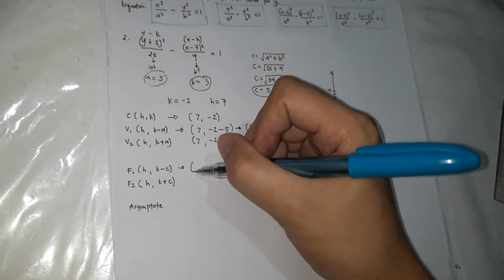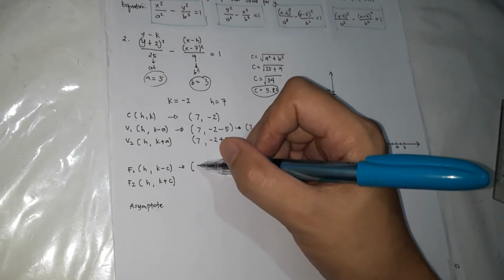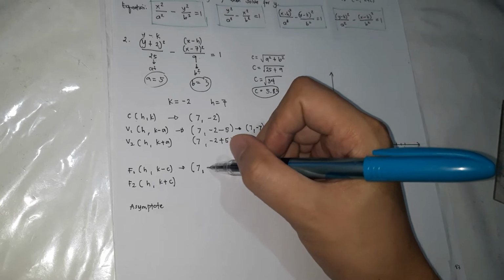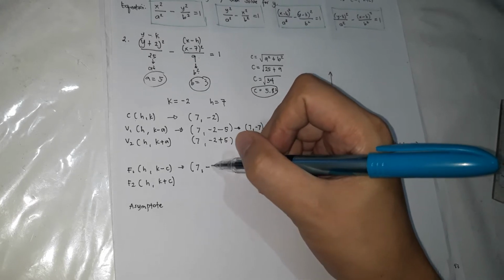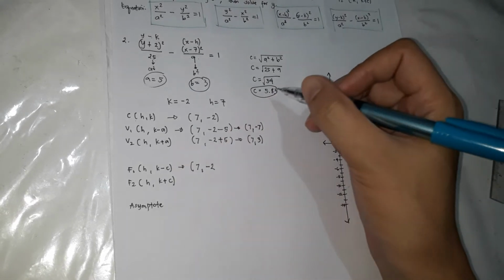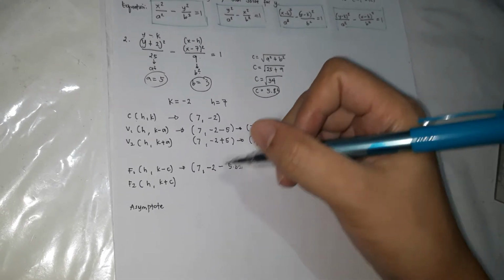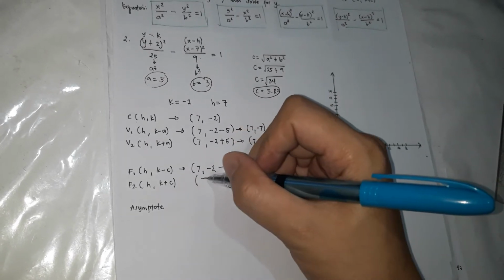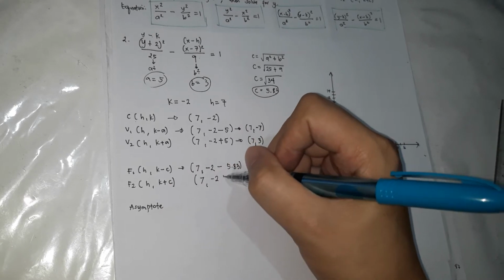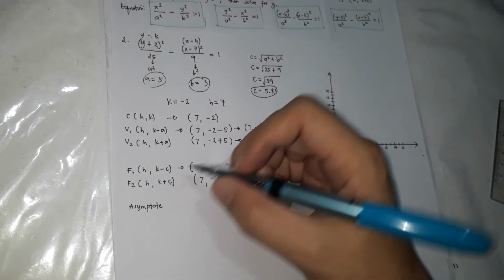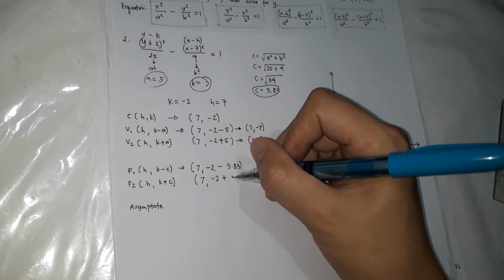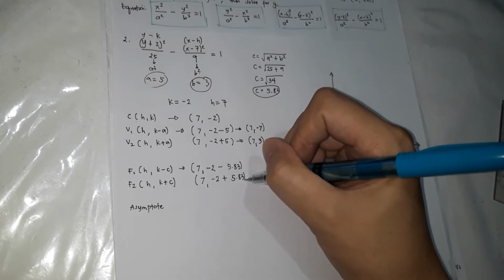This one, the focus one, 7, negative 2 minus c, which is 5.83. 7, negative 2 plus c, which is 5.83.